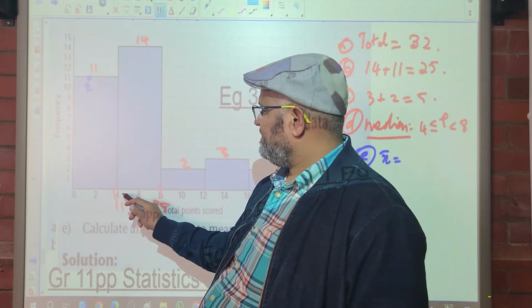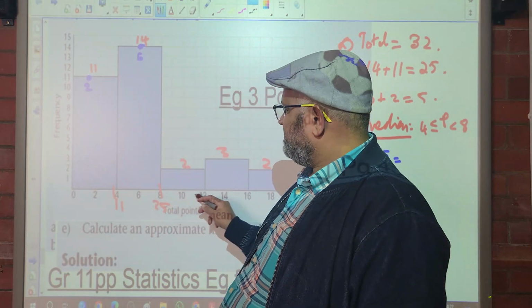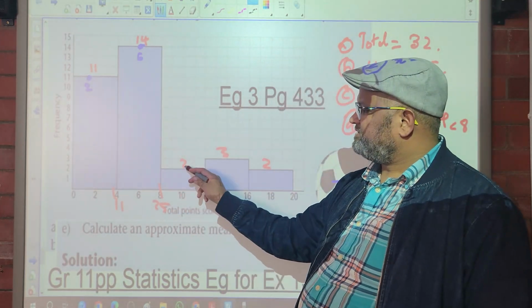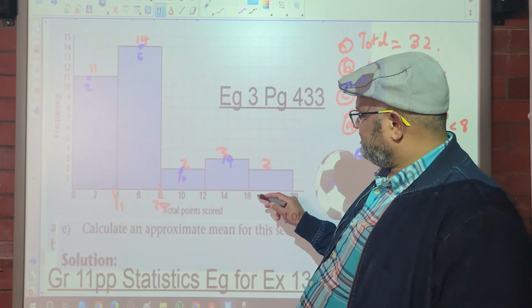So that is 2. 4 plus 8 is 12, divided by 2 is 6. What's the midpoint then of this class? 10. The midpoint of this class? 14. The midpoint of this class? 18.